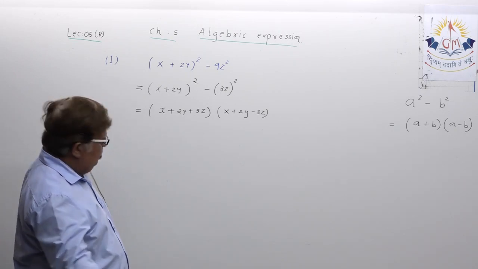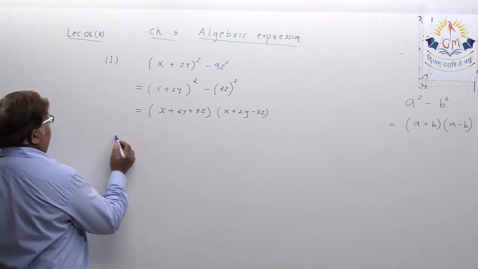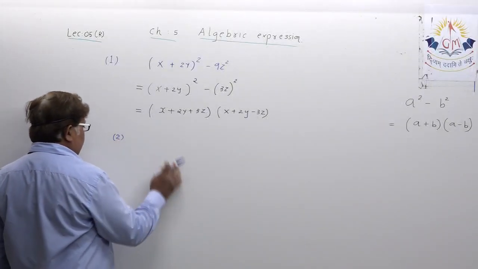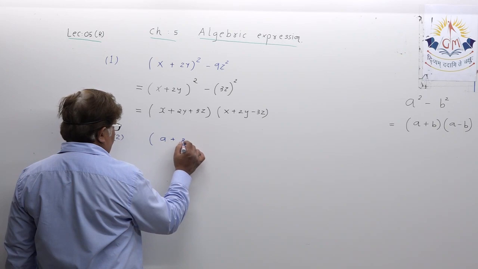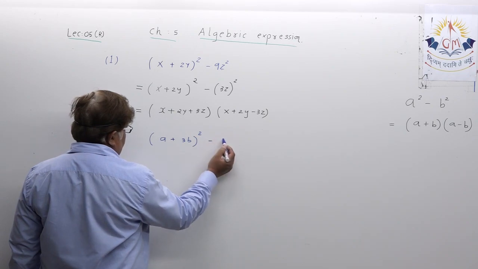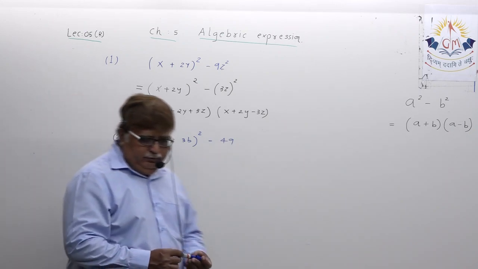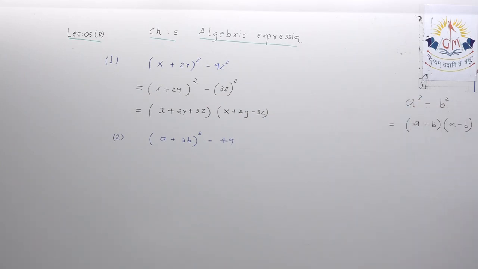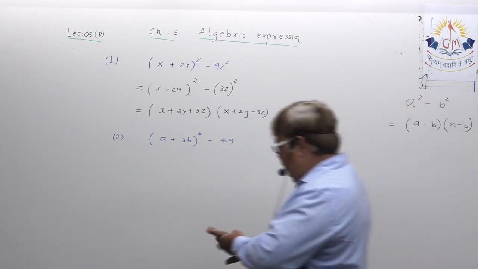So, dear student, one similar example I am writing here as self-learning practice you will do just now. (a plus 3b) whole square minus 49. Please do it just in 2 minutes time and then I will solve it. You need to gather the concept.